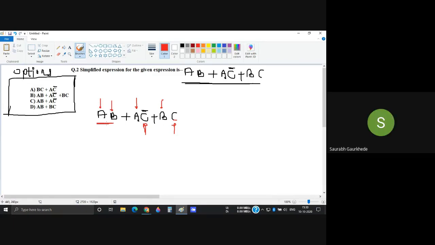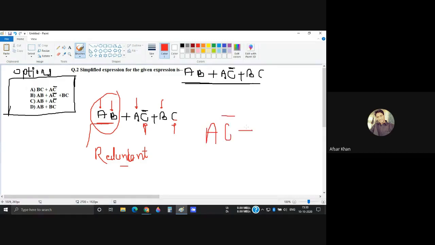This term can be called redundant, so the redundant term is ignored. If it is ignored, what remains there? The answer is AC bar plus BC. That's it. It is our answer. It is called the consensus property. Okay, students? Yes, sir.